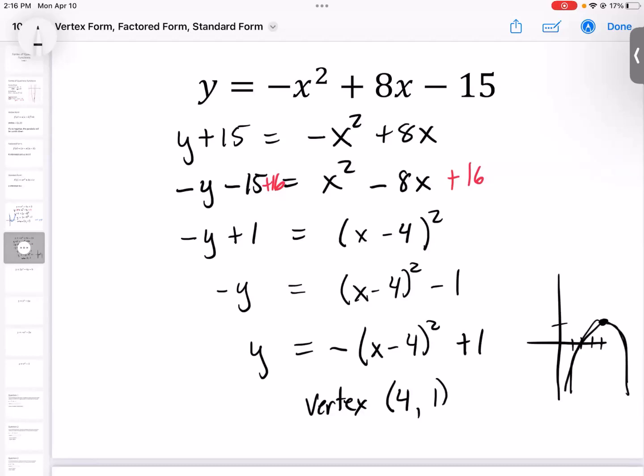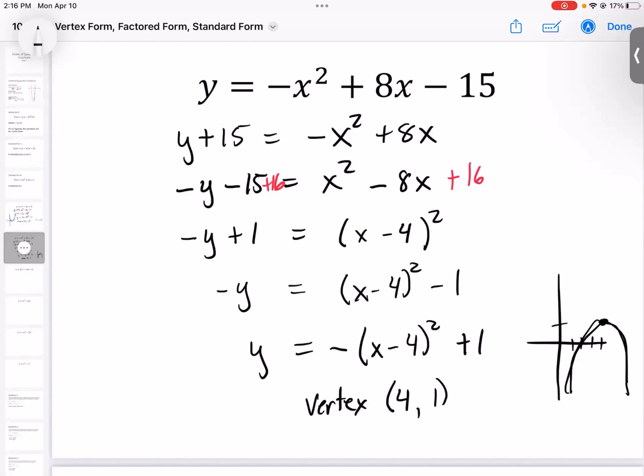And if you were asked to graph it, you would basically plug in some other number to find out just exactly how wide it is, but it would look something kind of like this. And I guess you could also get that into factored form and find your x-intercepts. That would be another way you could find those points. But probably it would just be easier to plug in some other number.